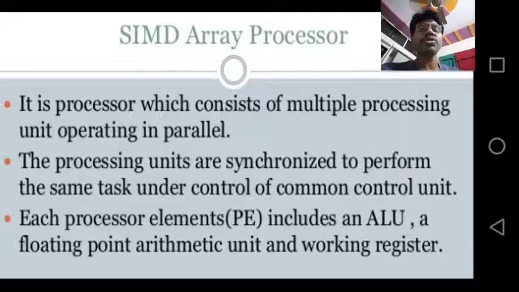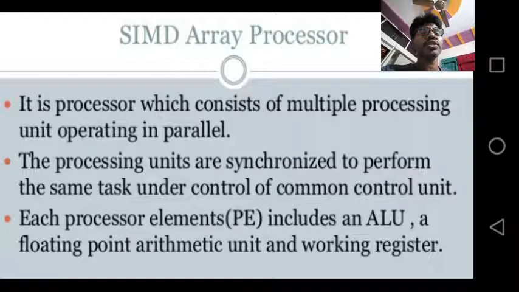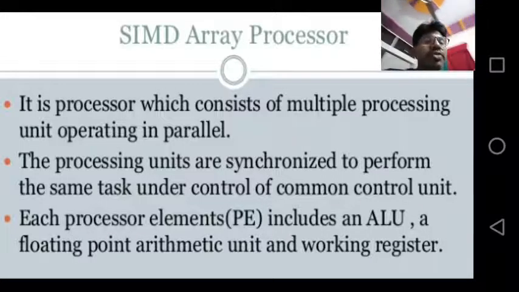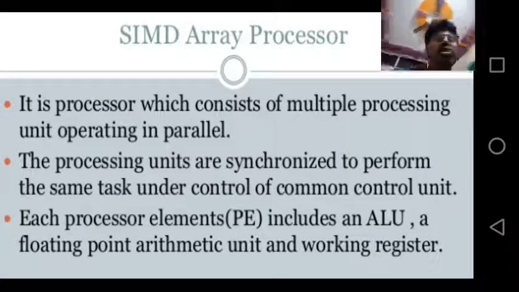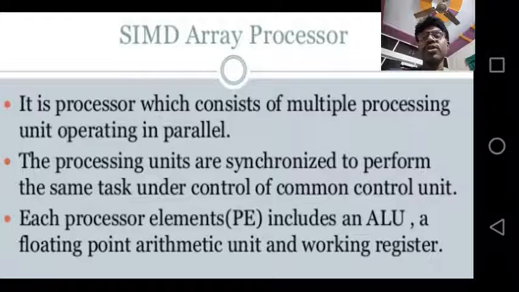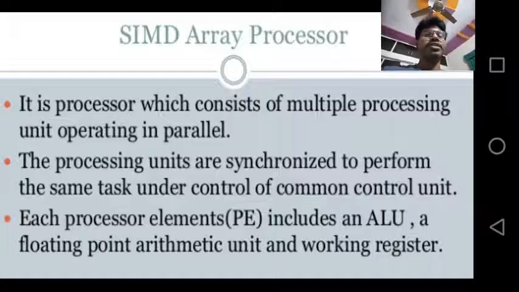So this is about the processing units being synchronized to perform the same task under the control of a common control unit. So here we have a common control unit. Each processor element includes an ALU, a floating point arithmetic unit, and working registers.